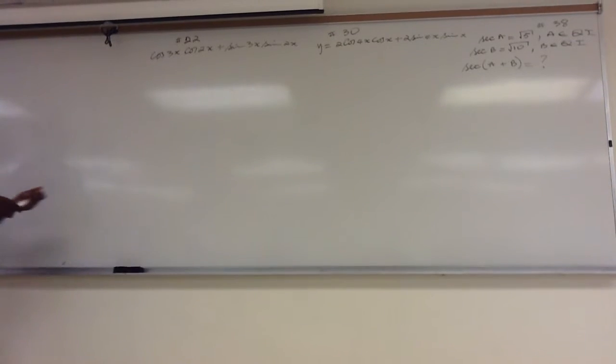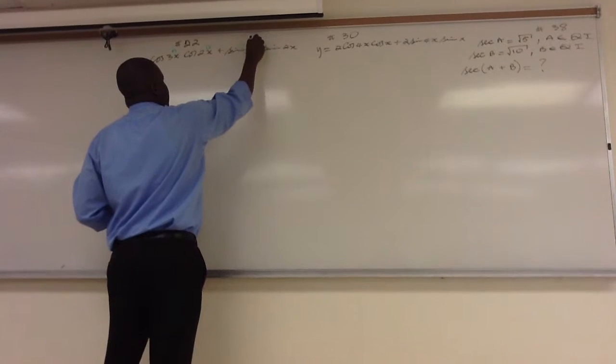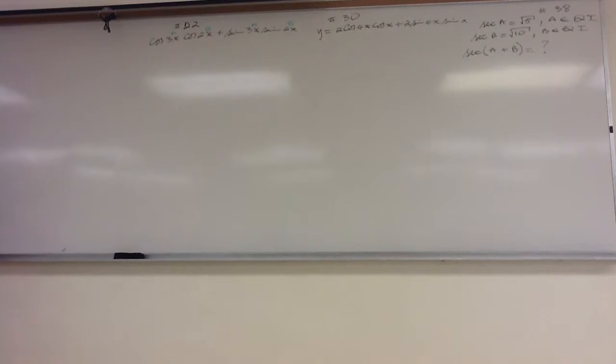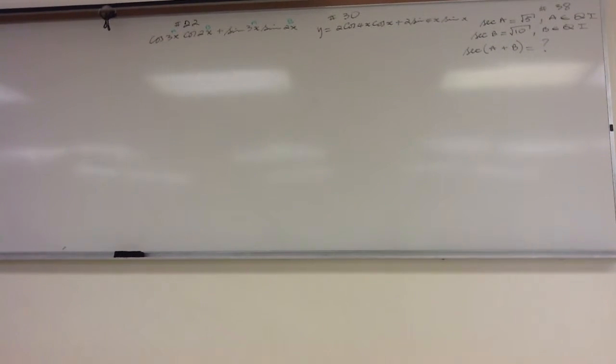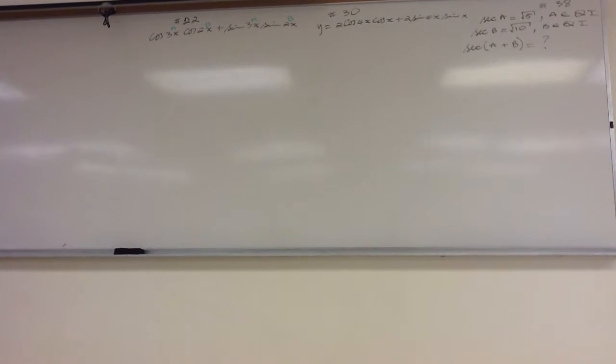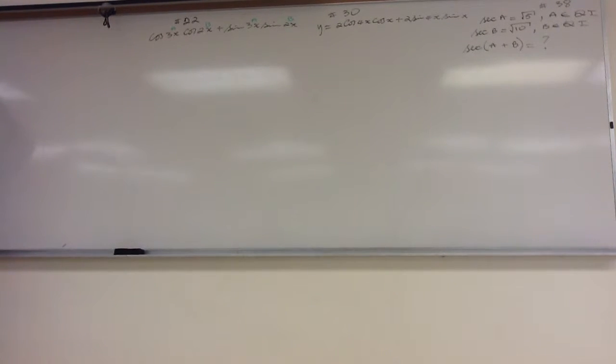Formula number 14 is the one that has cosine of A, cosine of B, plus sine of A, sine of B. Do we all see that? It is the right side of formula number 14. Now they asked you to write it as one expression, so this is going to be the left side of number 14. Meaning, this is going to be cosine of A, which is 3x, minus B, which is 2x. And that is cosine of x. This is how you would write number 22 in the simplest form.